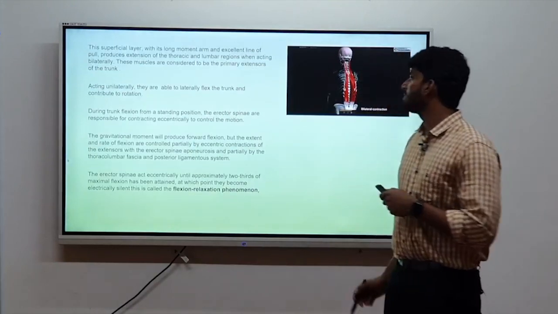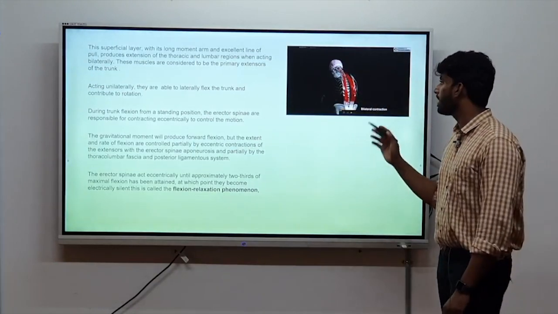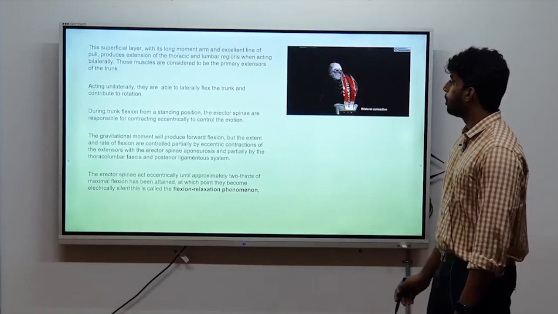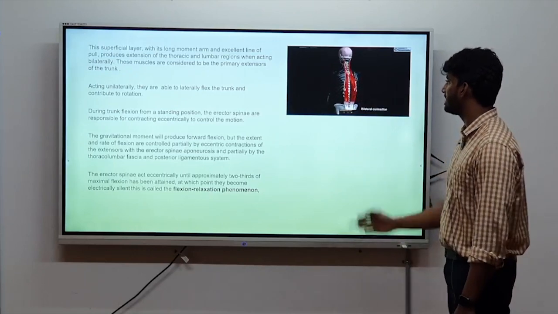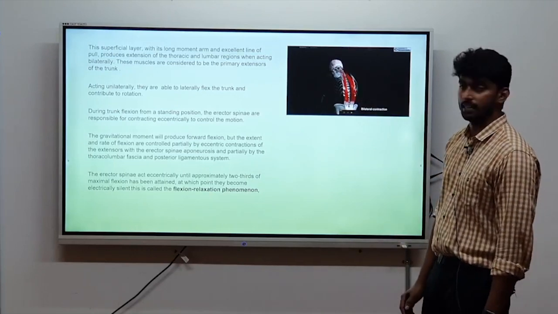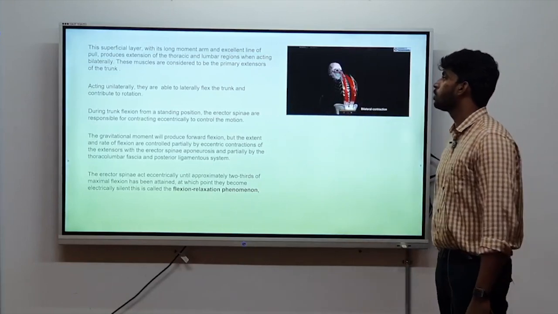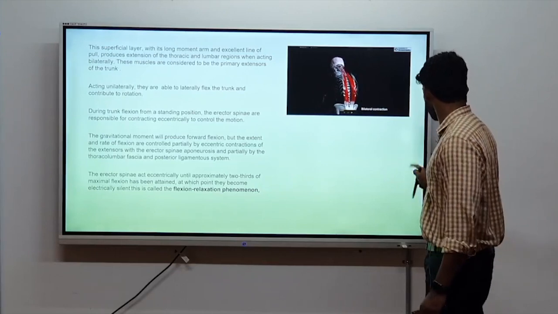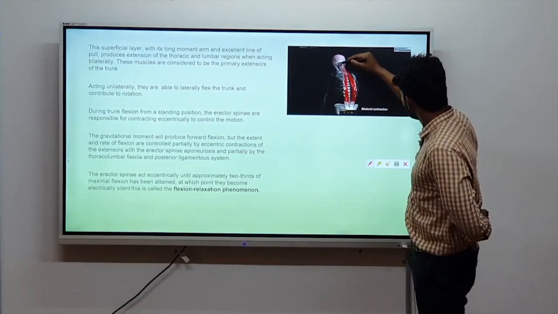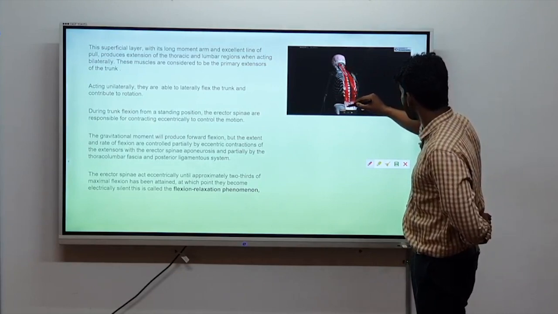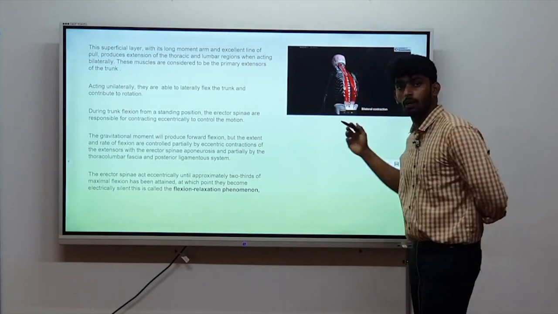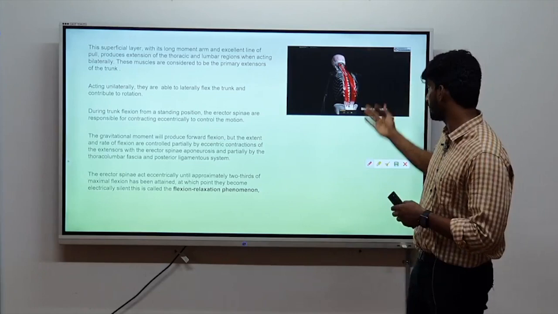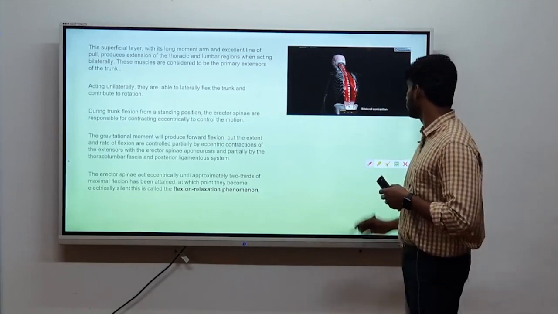So this superficial layer, with its long moment arm and excellent line of pull, produces extension of the thoracic and lumbar region when acting bilaterally. These muscles are considered the primary extensors of the trunk. See here, it starts from here and gets attachment over the lower part of the vertebral column, that is the sacrum.